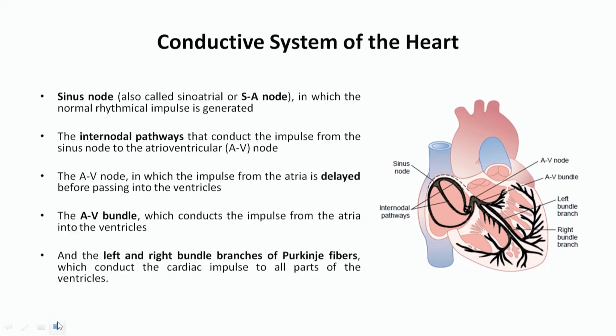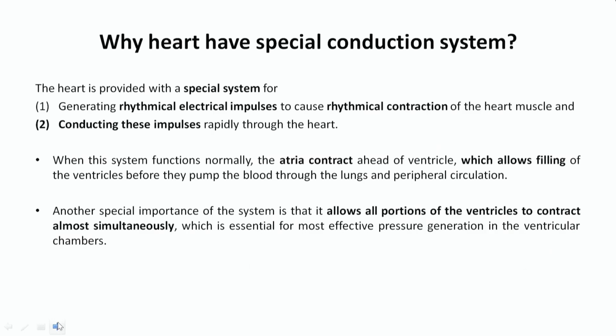Why delay? Because it gives proper time for the ventricle to get filled. That is the main function of the delay of impulse in the AV node. Then the AV bundle conducts the impulse from the atria into the ventricle, and the left and right branches of the Purkinje fiber. So these all correspond to the conductive system of the heart.